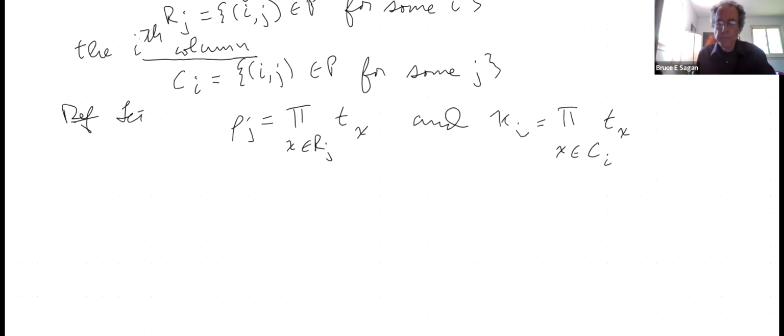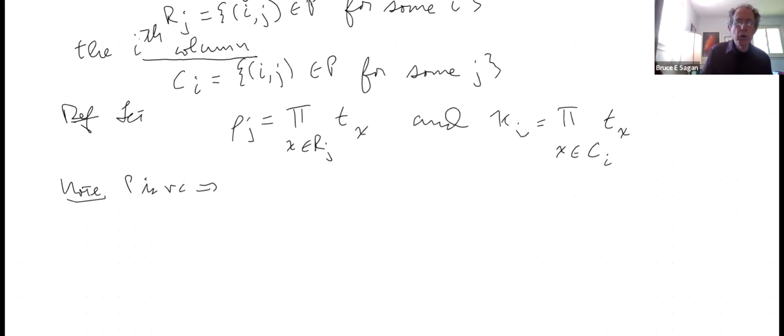So note, if P is RC, row and column, think about it. If I take two elements in the same row, can two elements in the same row cover each other? No, clearly not.